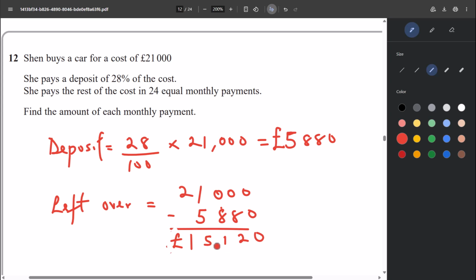This is what she needed to complete: 15,120. But we know that she pays the rest in 24 equal monthly payments.